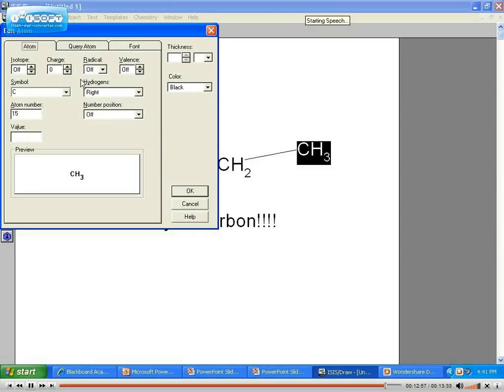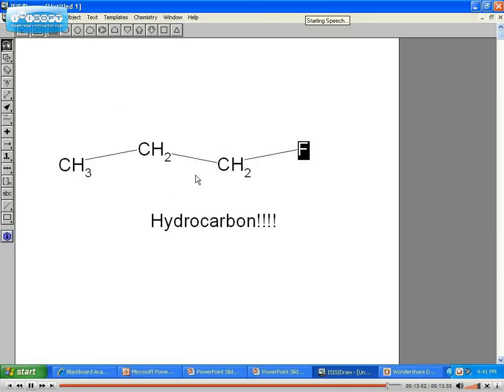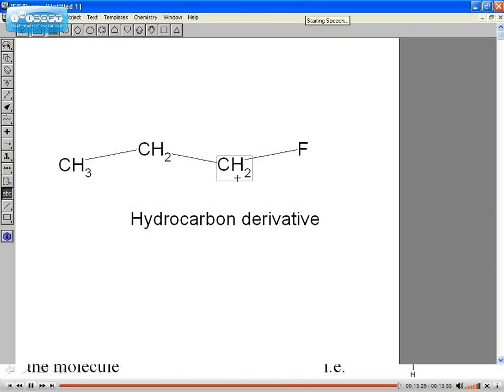So let me change all of that. So I got rid of a methyl group, carbon, 3 hydrogens, and I added in fluorine. So this is now a hydrocarbon derivative. Okay, so let's move on.